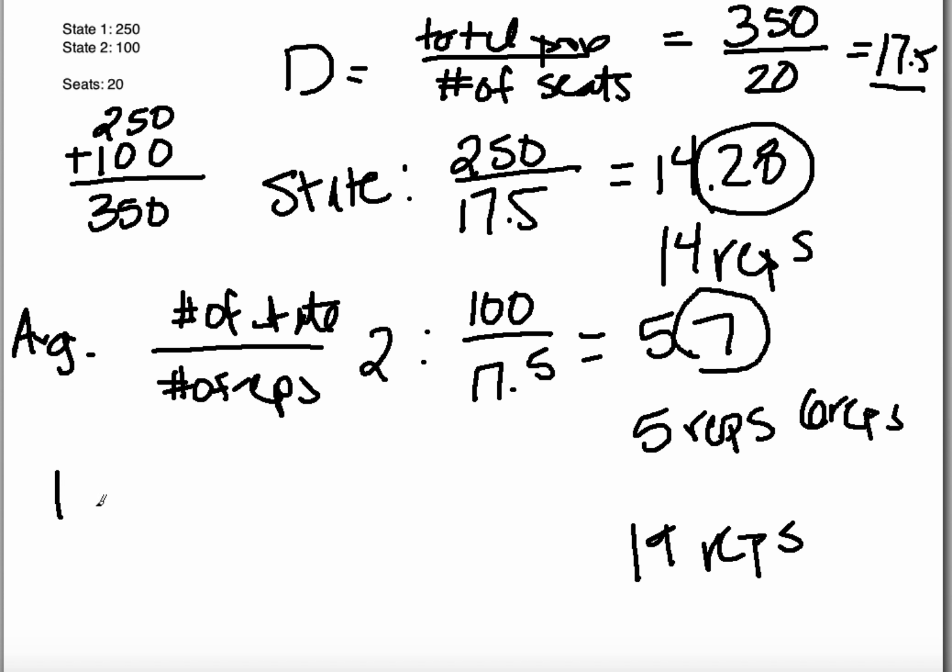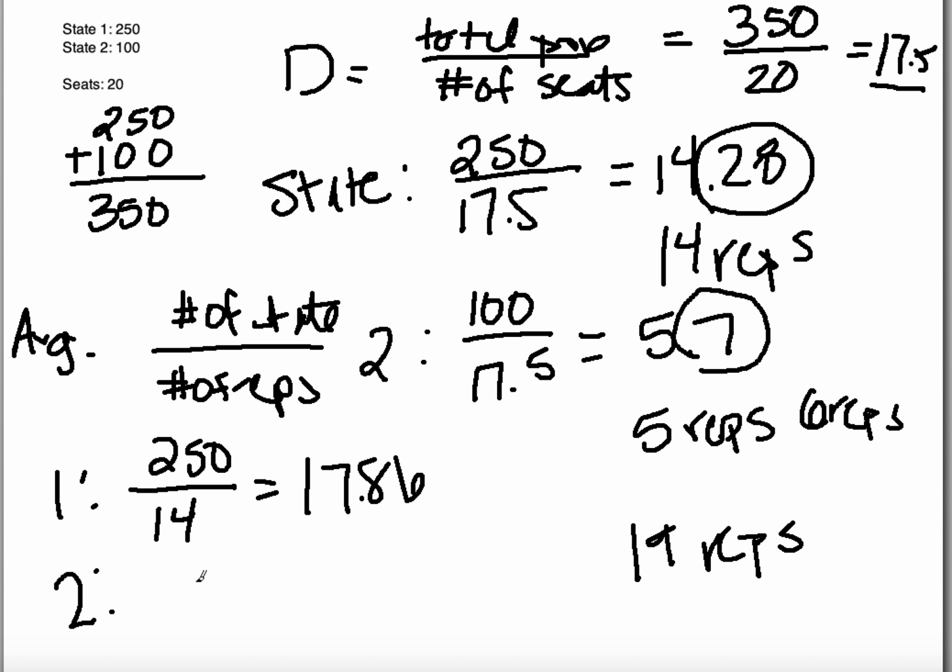So for state 1, my population is 250, and I gave them 14 reps. You're not using the decimal, you're using that. So their average constituency is 250 divided by 14, which is 17.85 or 17.86 rounded.